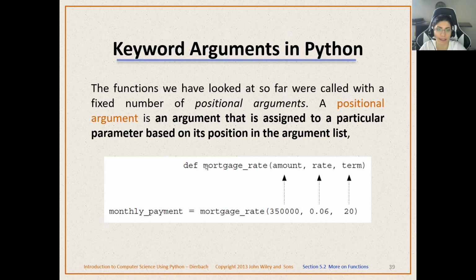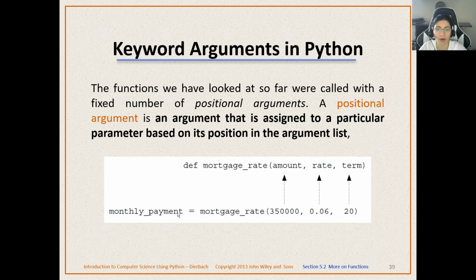If you have a function that is called mortgage rate, then let's say you have three different parameters: amount, rate, and term. You can use the positional argument, and that is what we have used so far to assign different values to those parameters.